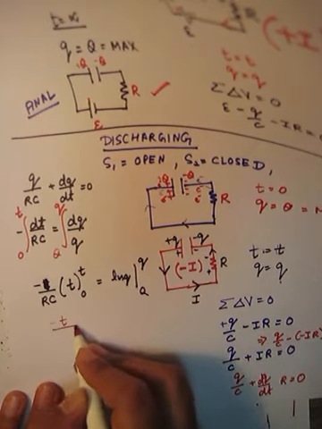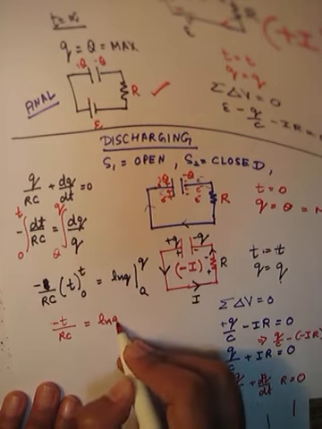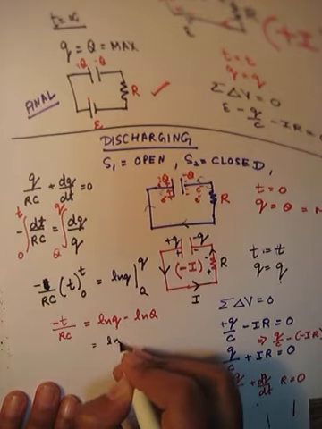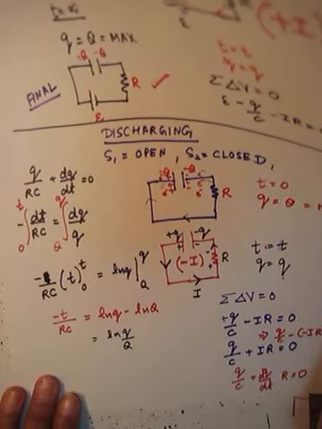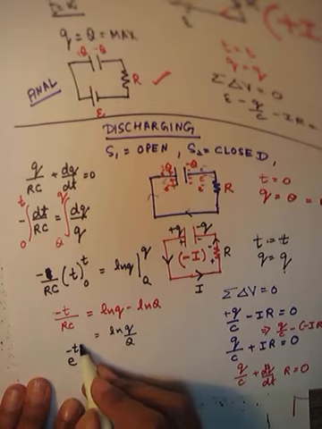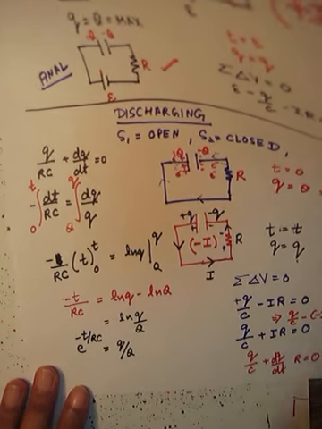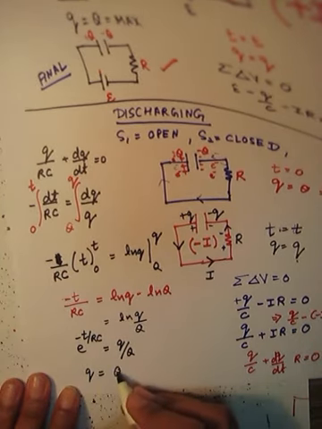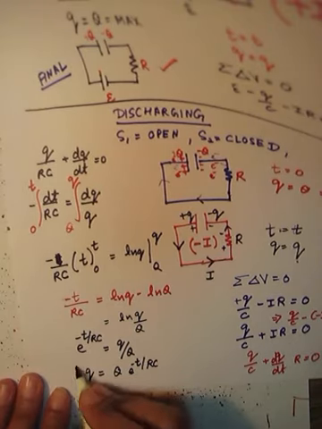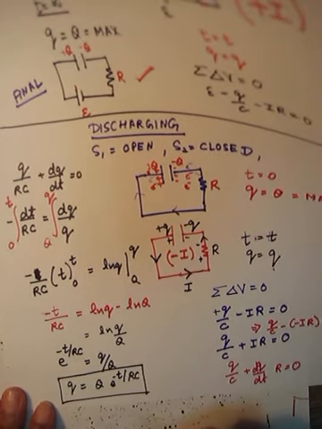So from here we can write it as minus t upon RC will be equal to log q minus log capital Q, which is the maximum charge, or log q upon capital Q. Now let's get rid of this log, so we can say exponential minus t upon RC will be q upon capital Q, or we can also write it as q is equal to capital Q exponential minus t upon RC. So this is how the charge will vary with time when the capacitor is discharged.